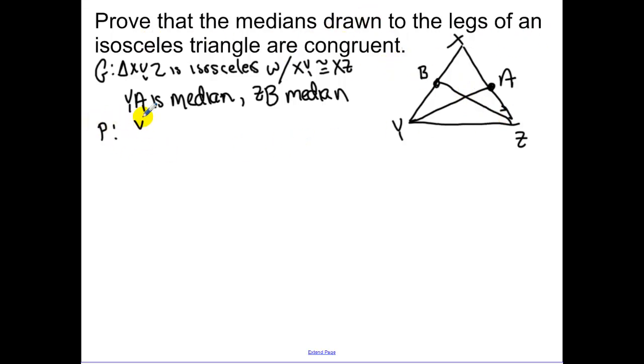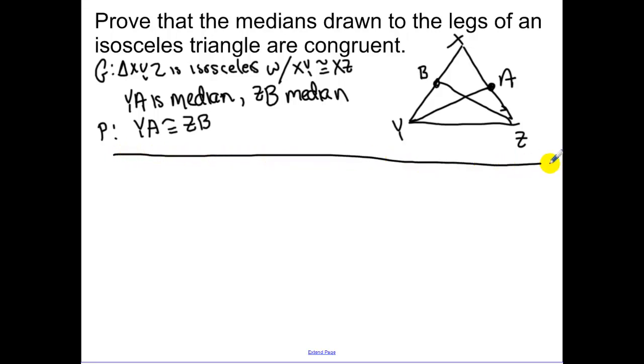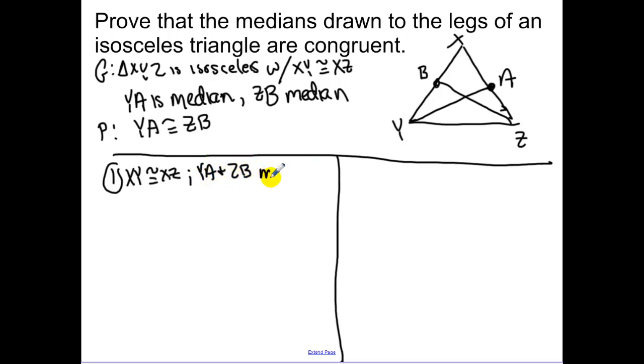So we want to prove that YA is congruent to ZB. Triangle XYZ is isosceles. I'm okay if you don't write that piece. I'm okay if you just put XY is congruent to XZ, and you can also put YA and ZB are medians. And we are given that.